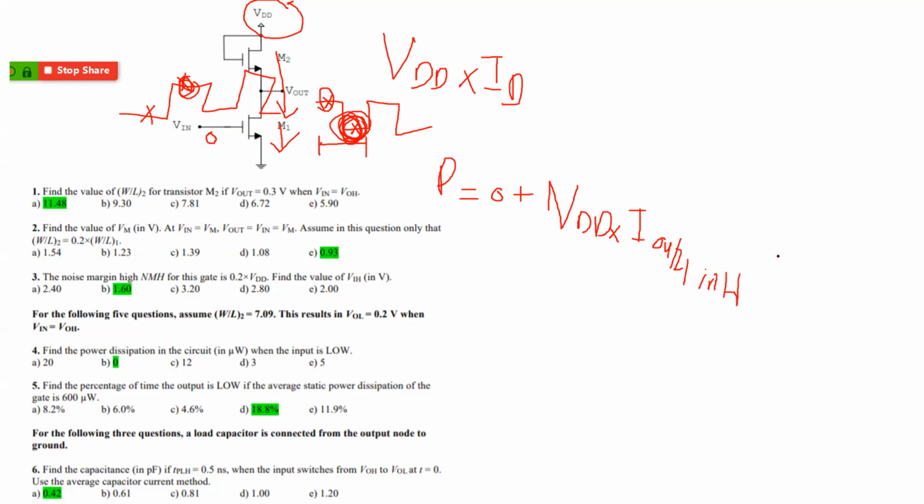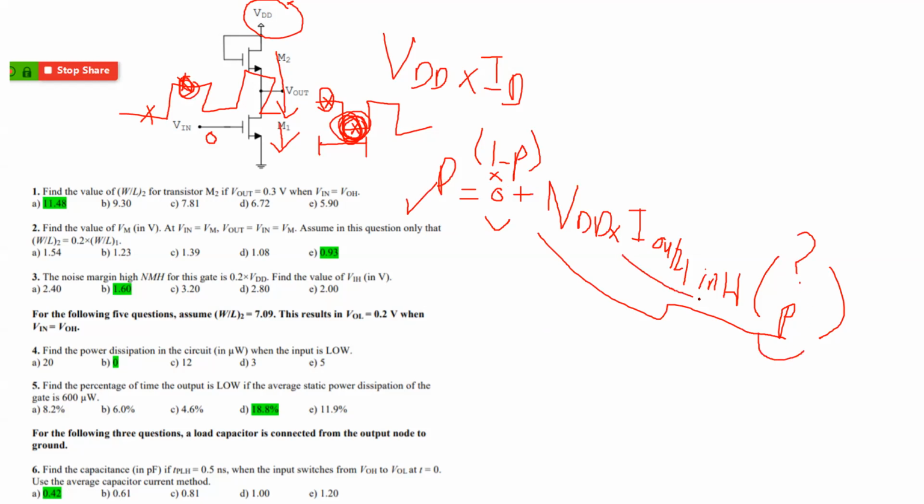This has to be multiplied by the percent of time we see it, because if this has percent P, this has 1 minus P, and we multiply the zero by it. If they were equal, I'd say 50% of the power is spent here and 50% here. Now he says if static power equals 600 microwatt, find P. So I actually have to figure out what this current is to solve the problem, so that I have one unknown.